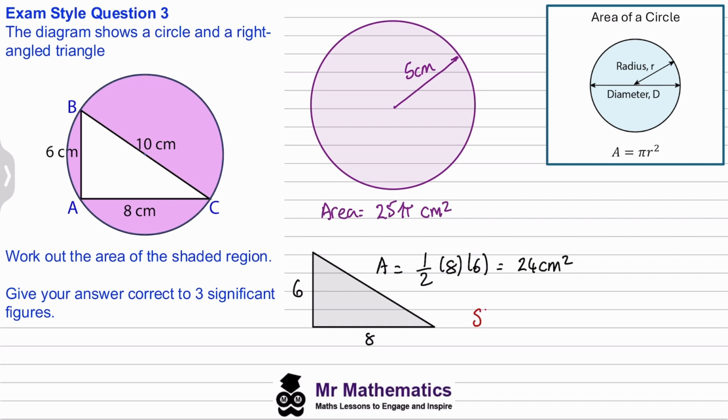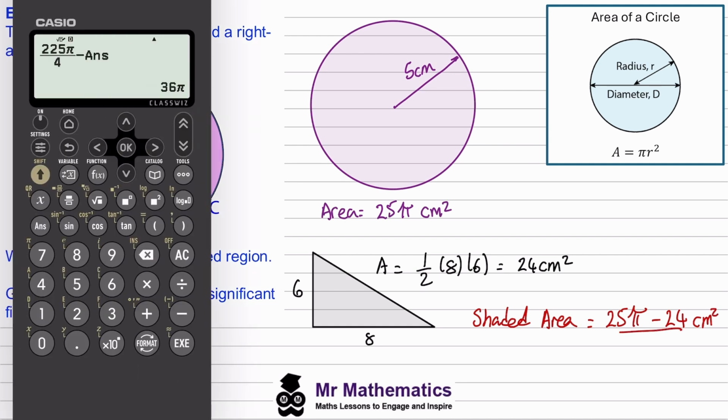So the shaded area will be the circle minus that triangle, 24. And this is in centimeters squared. If we write this to three significant figures, we've got 25 pi minus the 24. And this is 54.5 centimeters squared to three significant figures.